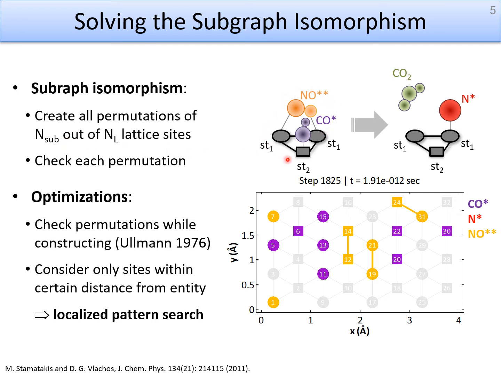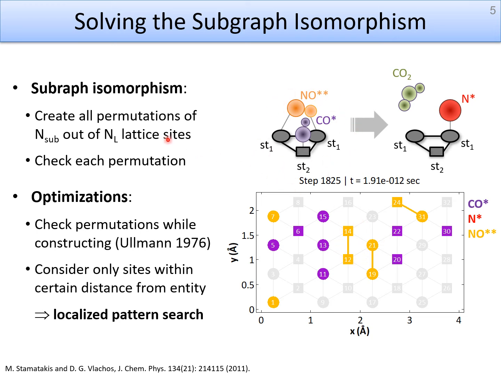So if we want to detect this pattern, for example, then we would have to take combinations of 3 out of all of these sites, 32 sites in this case, and then check the occupancy and the connectivity to see if they match the pattern that we want to detect. This way we would eventually be able to find all the possible instances of this pattern on the lattice.